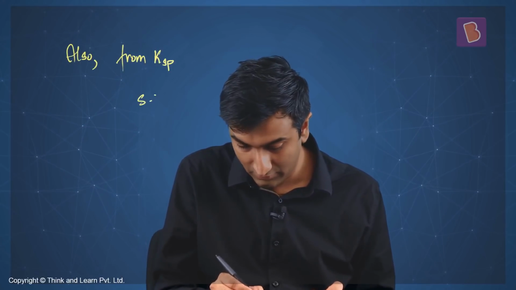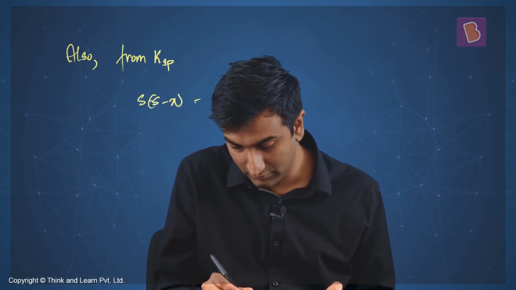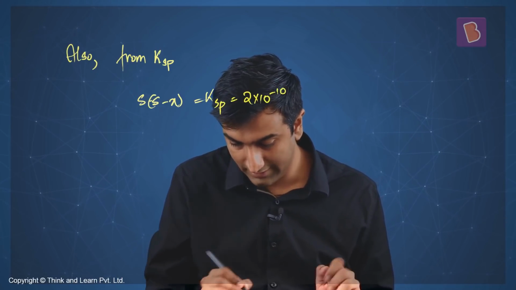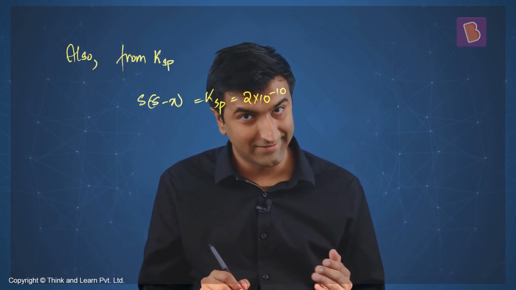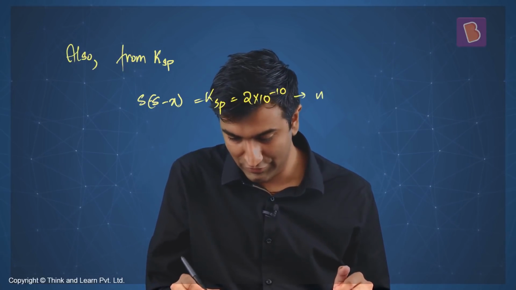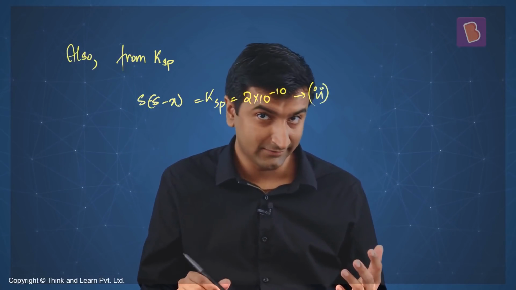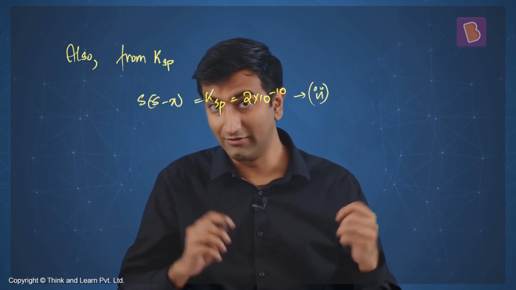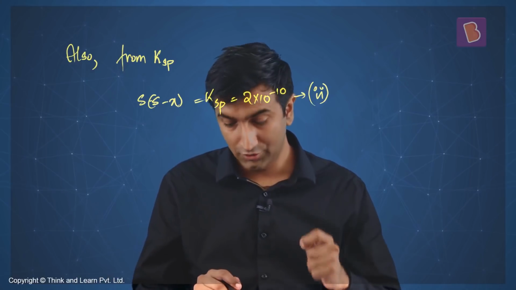So I use this and the previous idea from KSP. I get that S into (S minus X) would be equal to the KSP value, which is 2 into 10 power minus 10. Okay, so I have two equations. This is the second equation, and two variables, S and X. I'm doing the right thing when I equate the number of variables to the number of equations. That's an important point to check.